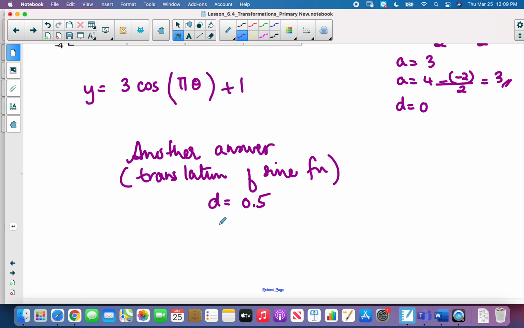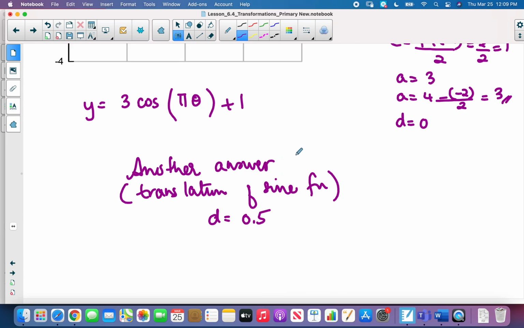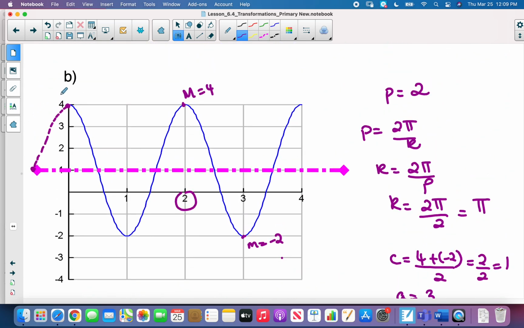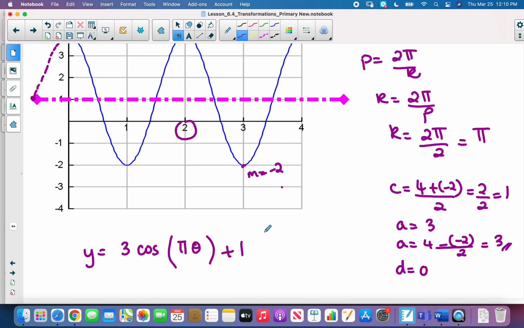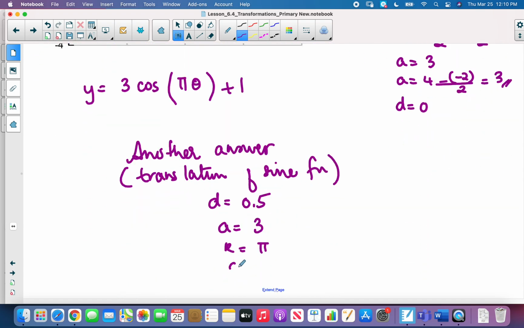The amplitude would still be A would be still 3. Our K value would still be pi, and it would have a C value of 1.